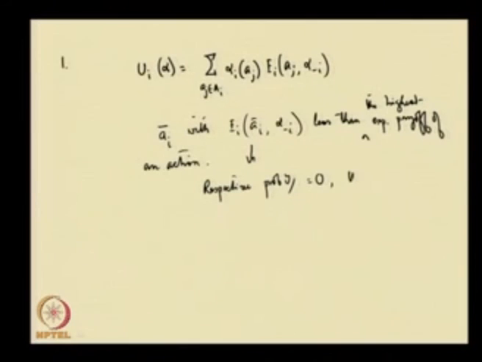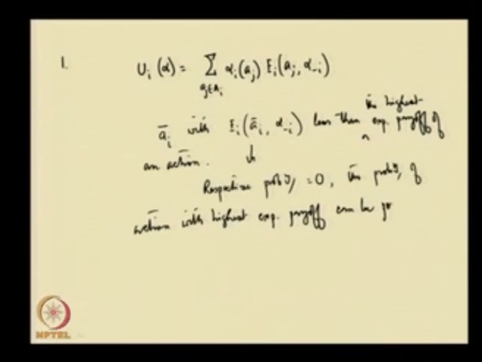Compare this to the probability of actions with highest expected payoff, which can be positive, or it can be 0 also, because even if you assign 0 probability to an action, all the probabilities which was attached to it, the positive probability goes to other actions which have the same payoff. So, the total expected payoff remains the same. So, that is optimal.